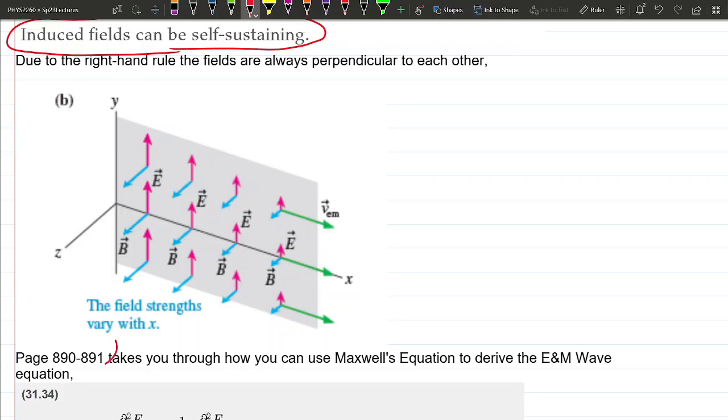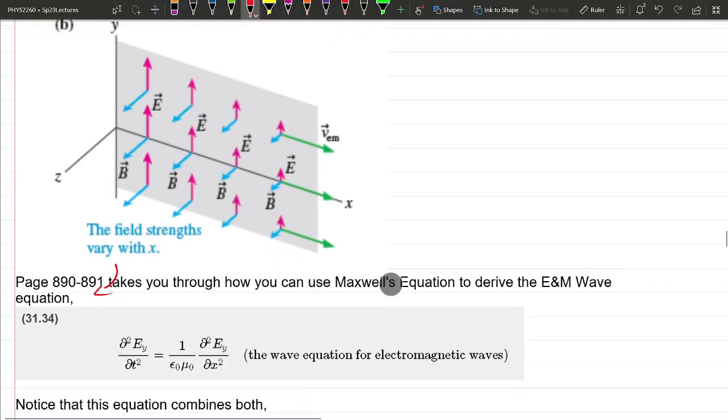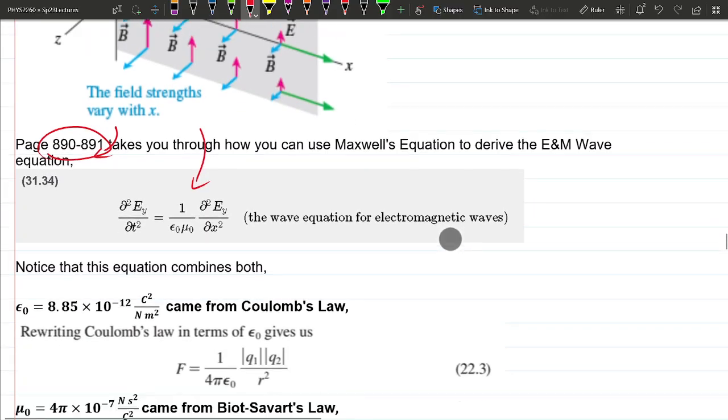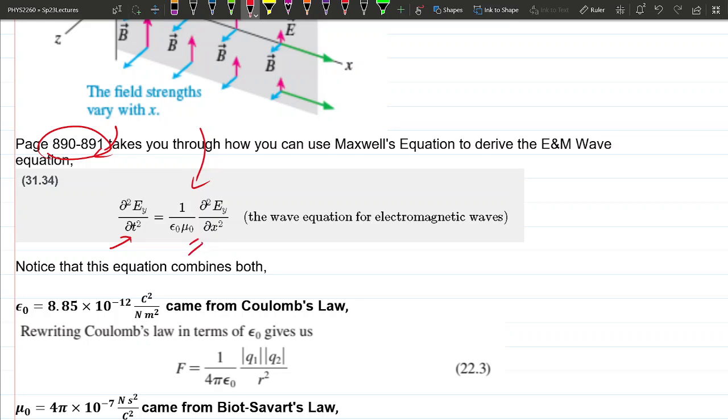If you feel like it and you want to do the differential equation stuff, you can read through about 2 pages of math. You will derive the wave equation for the electromagnetic field, which is a second order differential equation in time and space. You can do this in all 4 dimensions if you want, but we're not going to talk too much about that.